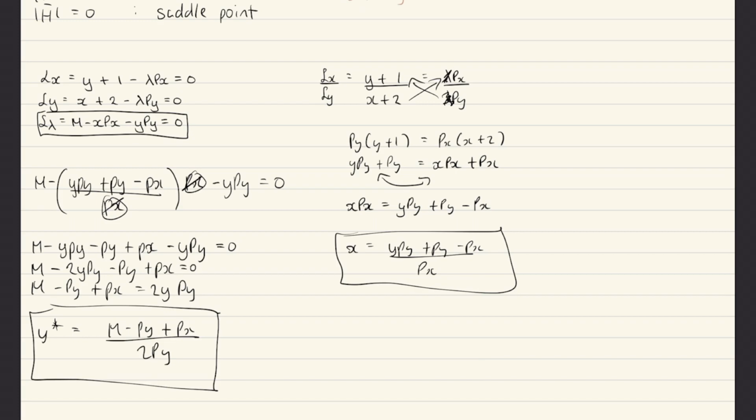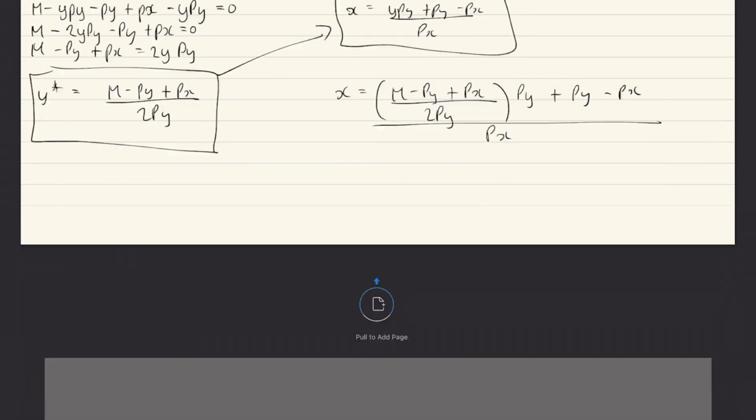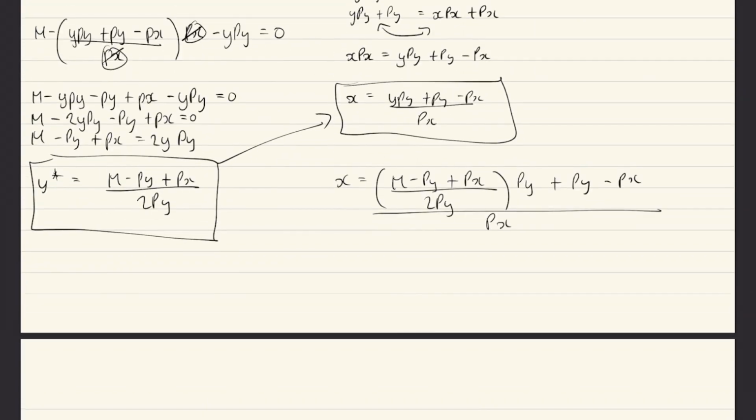So we substitute this back into our x solution. So x now equals m minus py plus px all over 2py multiplied by py plus py minus px all over px. Okay, so you then again just solve. So it's just simplified x. This is technically the final answer, but we can simplify it further.